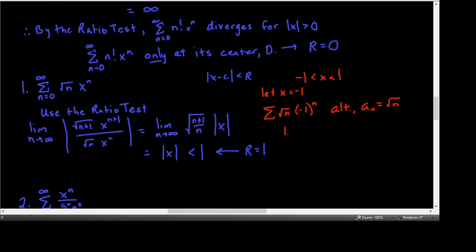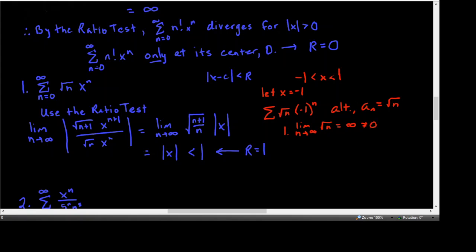And first test, we take the limit as n approaches infinity of square root of n. That's infinite. And that means that the alternating series test itself isn't working, except it did give us some good information. That is not 0.